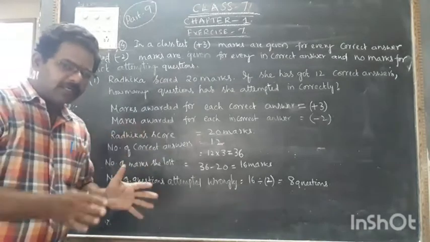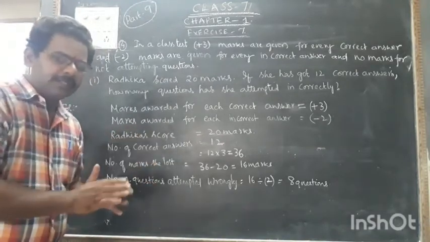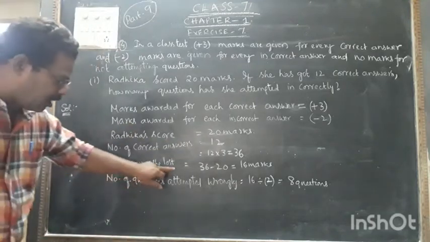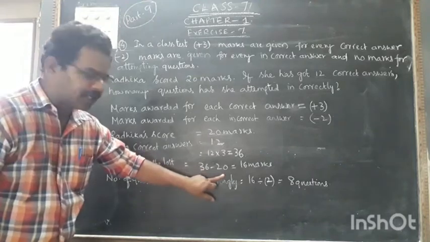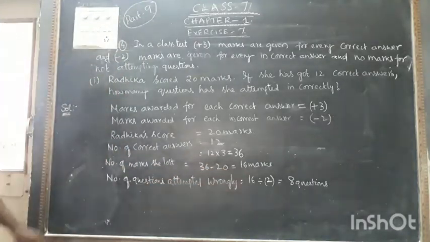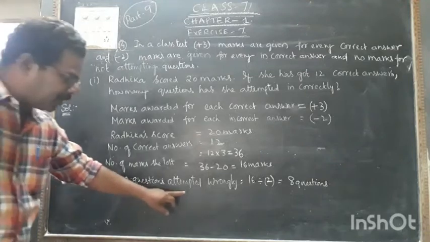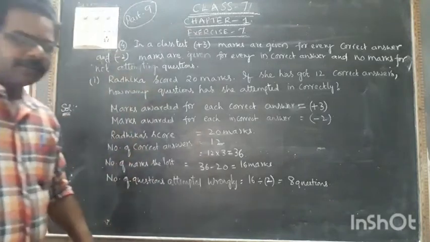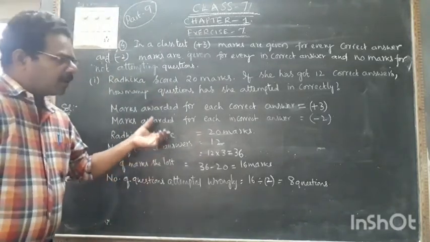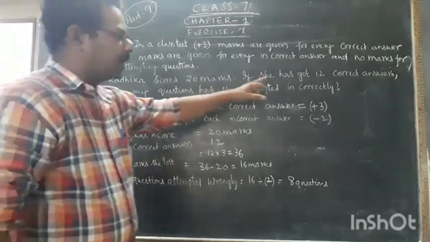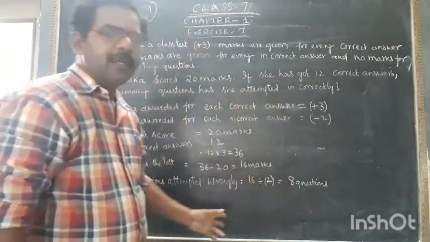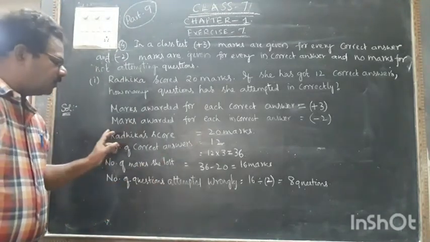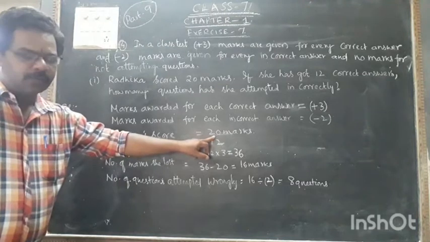Totally she got 36 marks for correct answers, but her score is only 20 marks. Number of marks she lost is 36 minus 20, that is 16 marks. Number of questions attempted wrongly by Radhika is 16 divided by 2, that is equal to 8 questions. That means she got 12 correct answers and 8 questions wrong. That's why her score is only 20 marks.